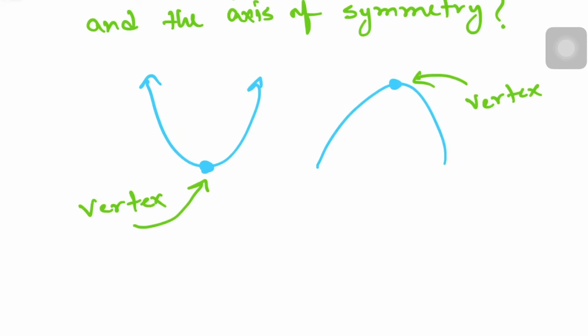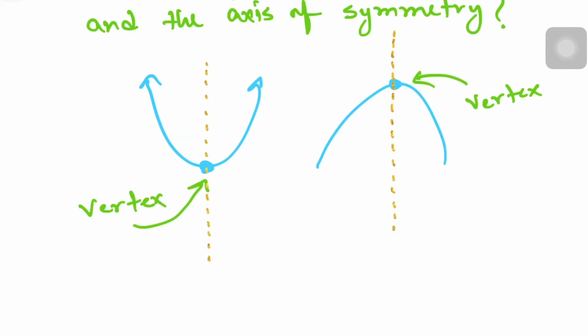All right, now let's talk about the axis of symmetry. The axis of symmetry is the vertical line that divides the parabola into two symmetrical halves.